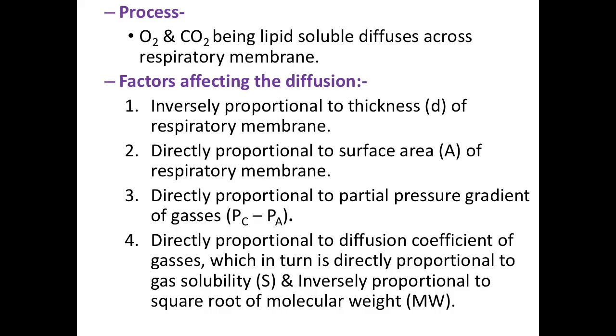Now if we talk about the process, we know that both these gases, oxygen and carbon dioxide, are lipid soluble, so they can easily diffuse through this respiratory membrane. Now there are certain factors that affect this diffusion, and it is known as Fick's law of diffusion.